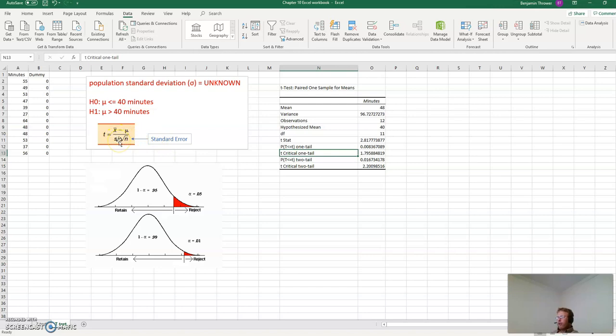What is the standard error? It's our sample standard deviation over the square root of sample size. Okay, all of this data, and it's just the denominator of this formula, isn't it? All of this data is in here, isn't it? Okay, our observations, our sample size is in here. Actually, it's not in here, but we'll get our actual standard deviation.